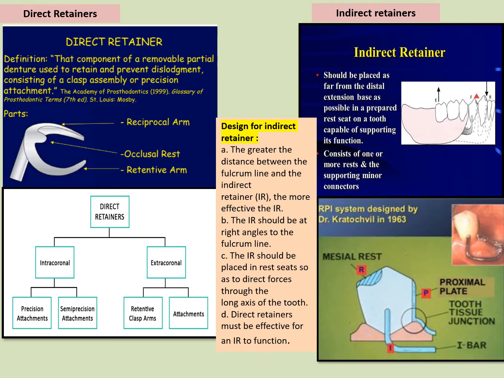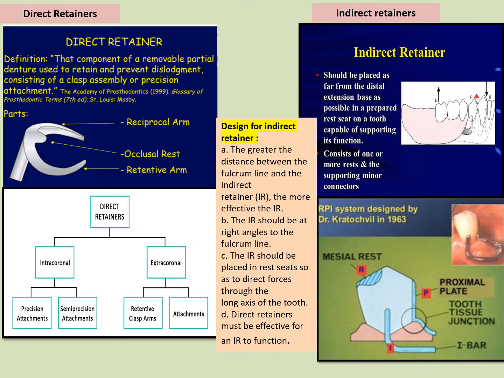So what's the main function of the RPI design? The RPI design is most commonly used for Kennedy class 1 and class 2 design. Using this design, the mesial rest and proximal plate will provide the reciprocation. So when the occlusal forces act on your abutment tooth, the reciprocation action of the mesial rest and proximal plate is going to disengage the I-bar from the tooth surface, so that the forces are not falling on the abutment teeth, they are falling on the tissue, the denture-bearing mucosa.